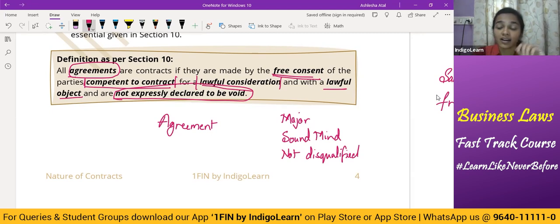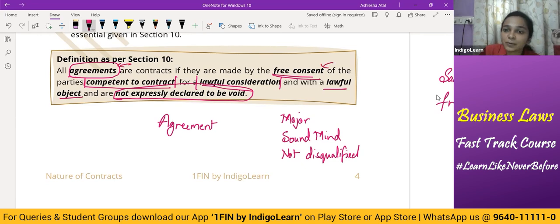Now, in examination, if a question comes on essential elements of a valid contract, you will have to write this pointer of section 10, that all agreements are contracts if they are made by the free consent of the parties who are competent to contract for a lawful consideration and with a lawful object and are not expressly declared to be void. So all you have to remember here are the highlighted words.